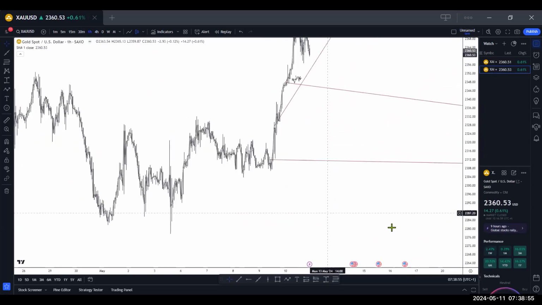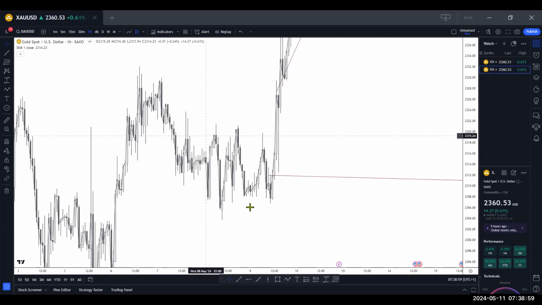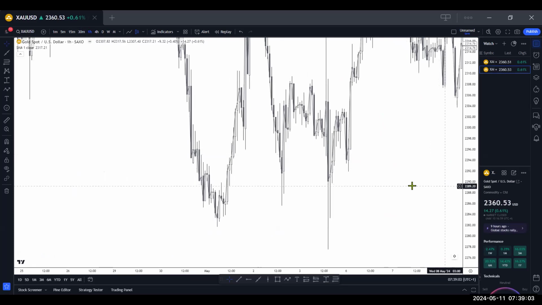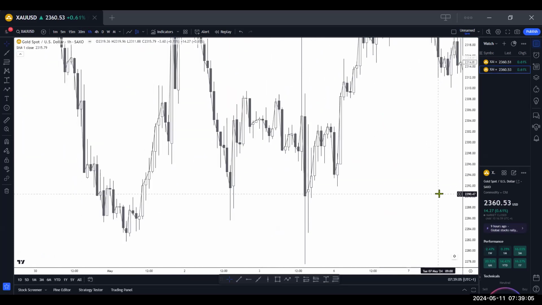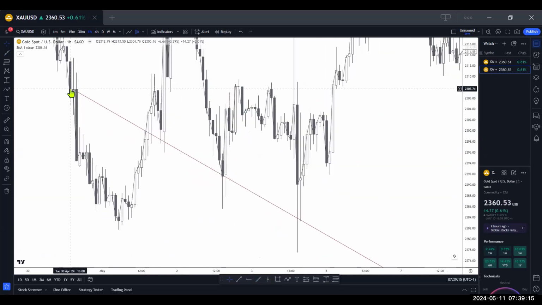Let me see each one. Just one more type 6 example before we move on. Type 6, guys. So we have breakouts, first touch, second touch, third touch.